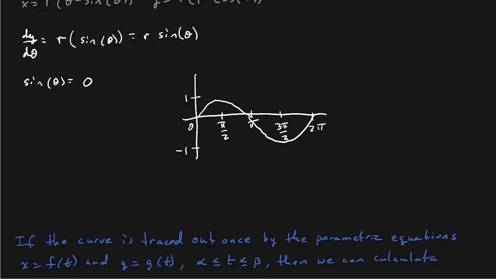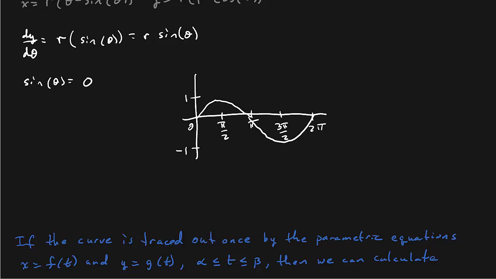So that almost tells us that sine theta, which is dy d theta without the r, is 0 at all the multiples of pi: 1 pi, 2 pi, 3 pi, 4 pi, 5 pi, negative pi, negative 2 pi, negative 3 pi, and so on.